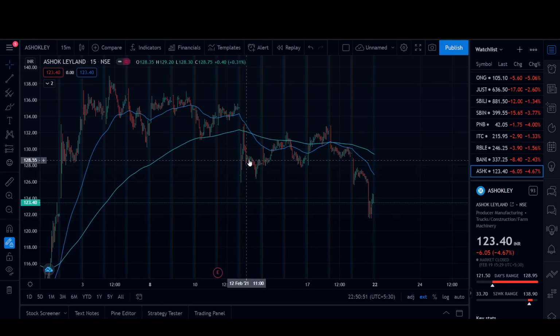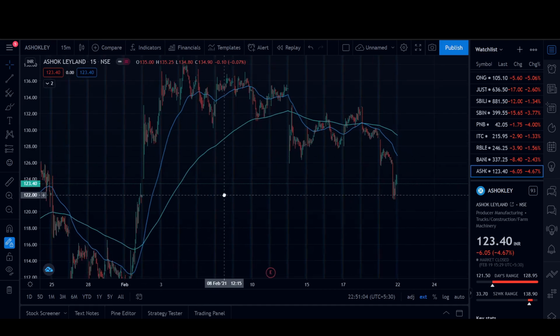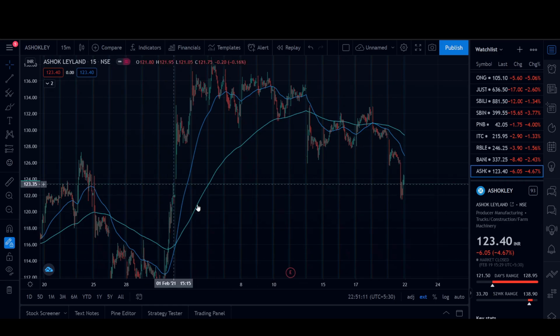It has taken resistance from this 200 line right here. It broke out, and again it came back down. So these EMAs act as support and resistance. Now I'll tell you how you can take trades based on the EMA crossovers, and how you can make a trading strategy just by these lines crossing each other.